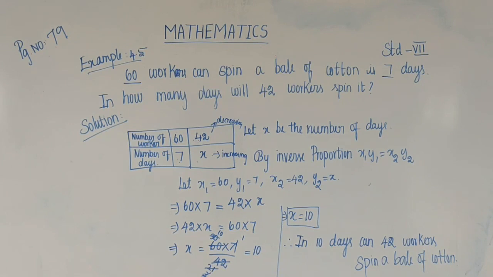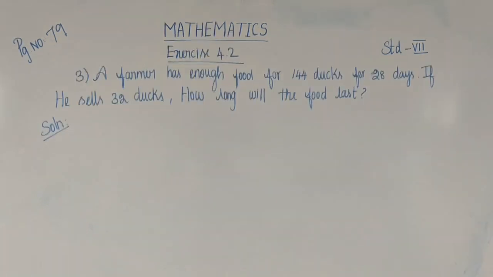Next problem, exercise 4.2, problem number 3. A farmer has enough food for 144 ducks for 28 days.